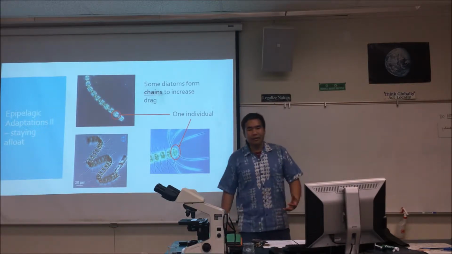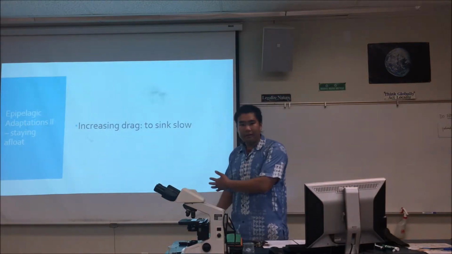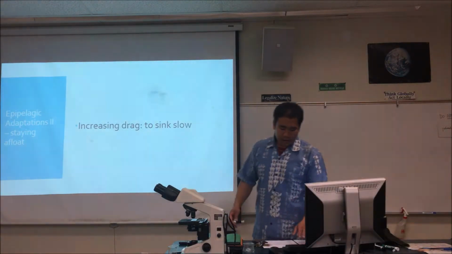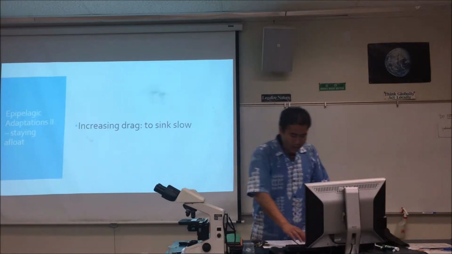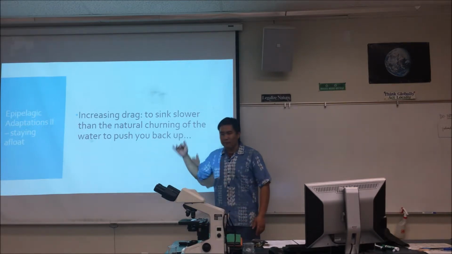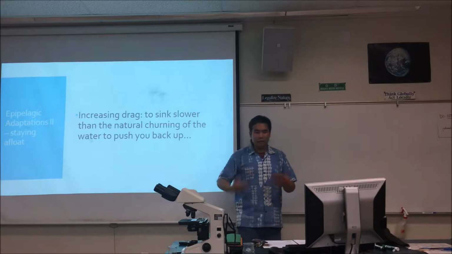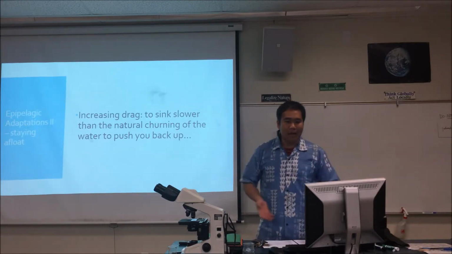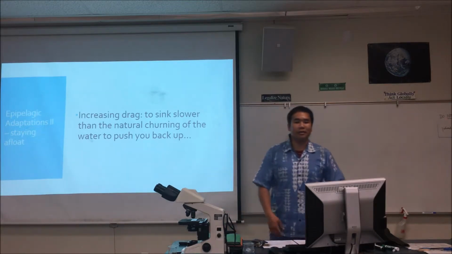The idea though is to increase your drag so that you sink slowly enough that the natural motion of the water in the ocean pushes them back up to the surface before they sink to the bottom. That's the goal: to be pushed back by the natural motion of the water before they sink below 200 meters.